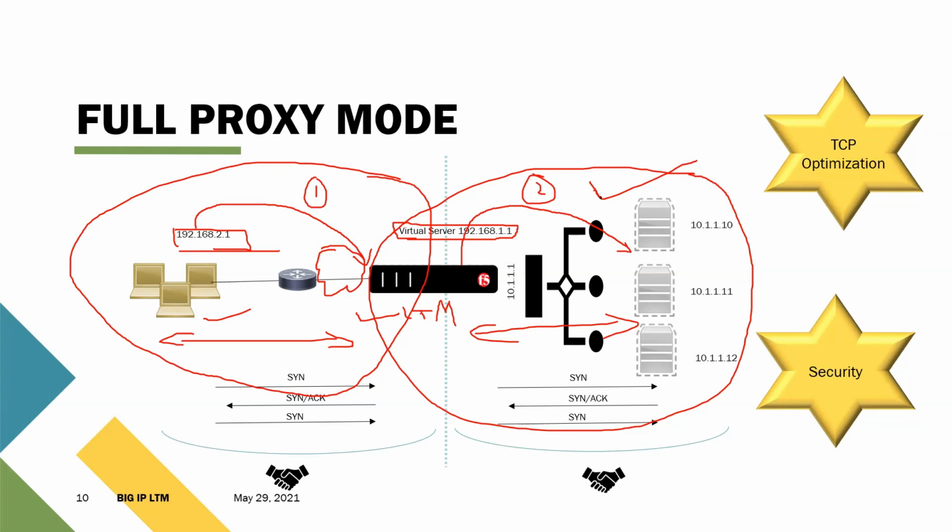That is why it is said that it offers TCP optimization. Because now that you have two layers of TCP connections, F5 offers you flexibility to play with these two kinds of connections separately. On one side, you can enable compression.